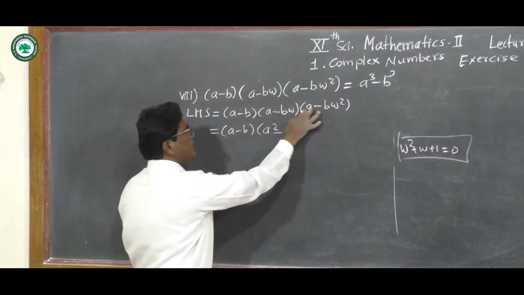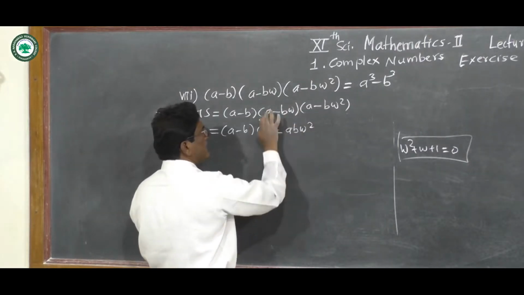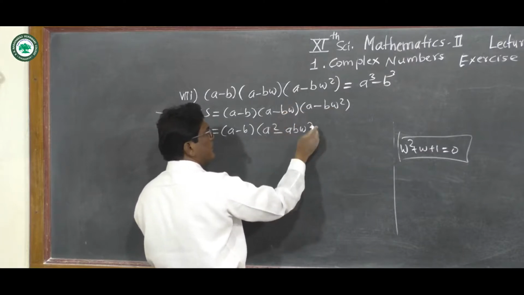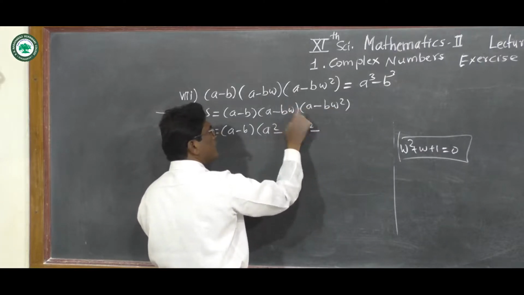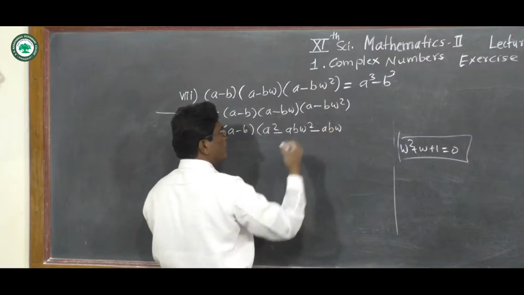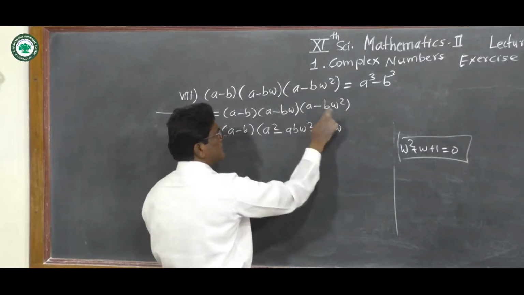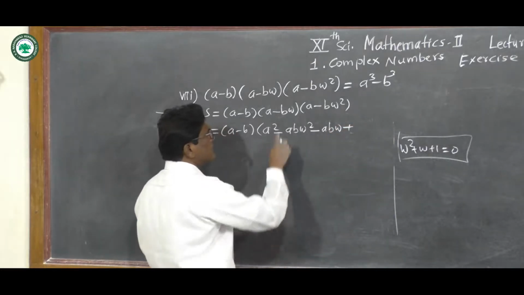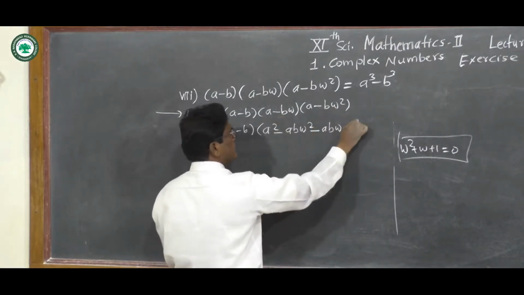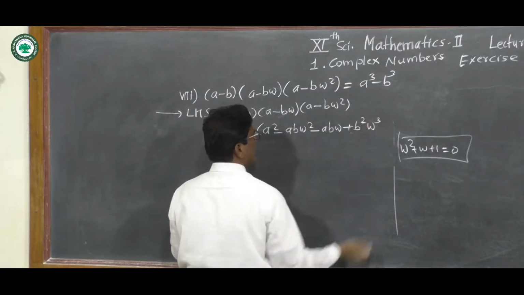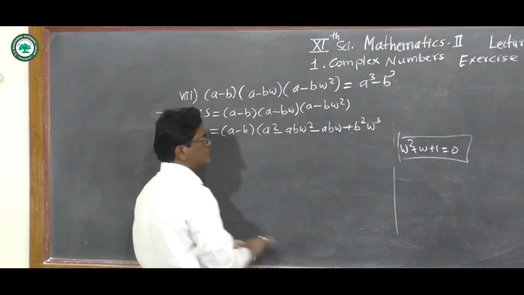Okay, a into a square, here minus sign, a into b, ab and omega square. Now multiply by minus b omega. So here minus a into b omega, ab omega. Then minus and minus become plus, b omega into b omega square, so b square omega into omega square, it is omega cube.